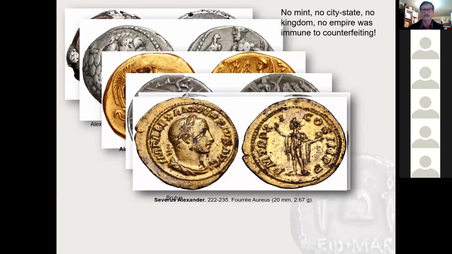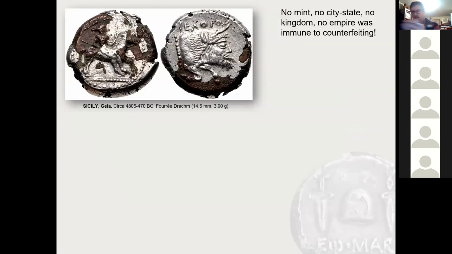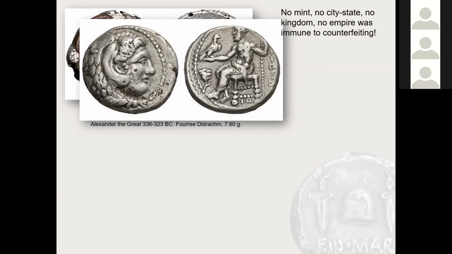So from the beginning, it is there. And no matter how reputable your mint is, you get counterfeits or silver-plated coins. And that's why I theorize that most of these counterfeit coins were actually produced in the same mint or in the nearby mint, if not the same mint.